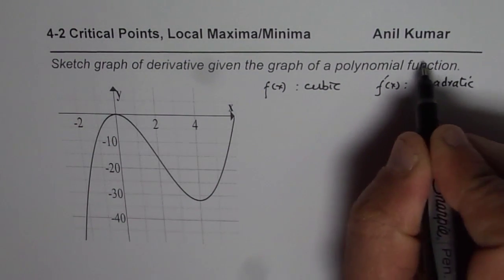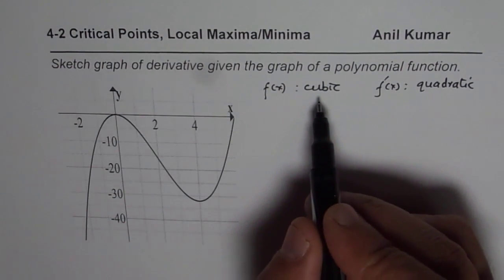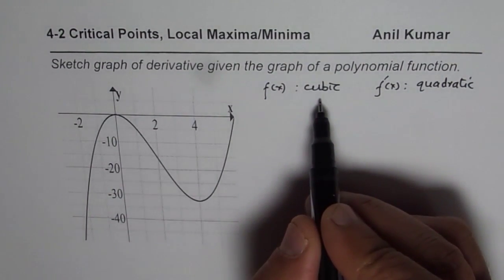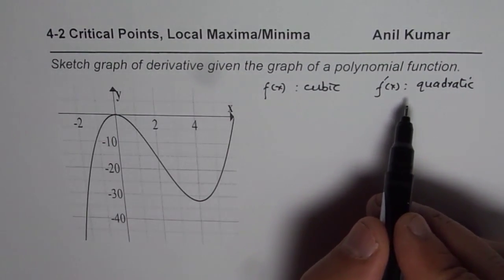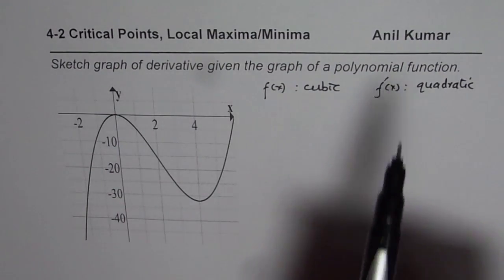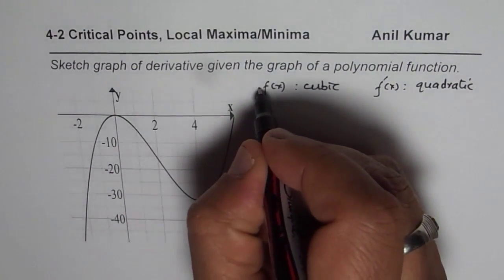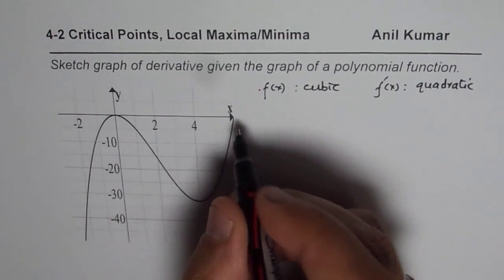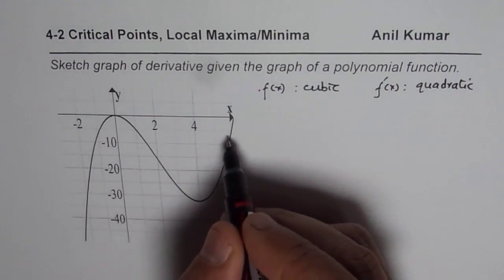As you know, for polynomials, the derivative of any polynomial is one degree lower than the degree of the polynomial itself. So that gives us an idea that the graph of the derivative should be a quadratic function, right? Now what else do you notice here? From this behavior, what do you think is the leading coefficient of this cubic function?